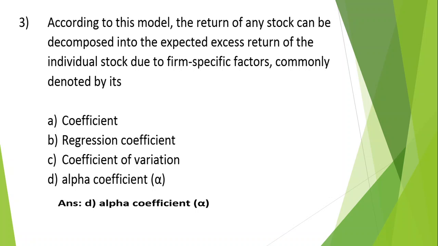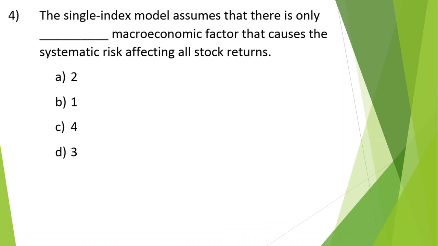We have another question. The single index model assumes that there is only dash macroeconomic factor that causes the systematic risk affecting all stock returns. Option A, 2. Option B, 1. Option C, 4. Option D, 3.